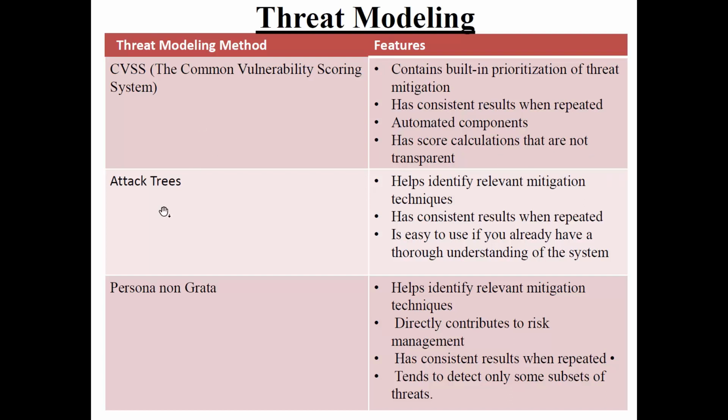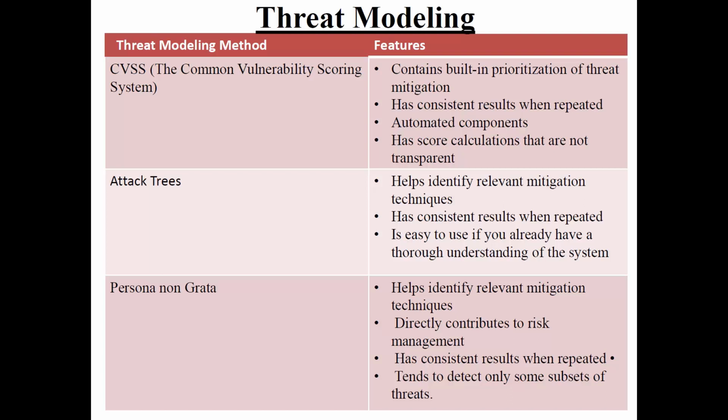Next, attack trees. Attack trees are essentially a tree diagram that depicts the attack on a system in a tree form. The tree root is the goal of the attack, and the leaves are the ways to achieve it. And each goal is represented by a separate tree. Thus, the system analysis produces a set of attack trees.